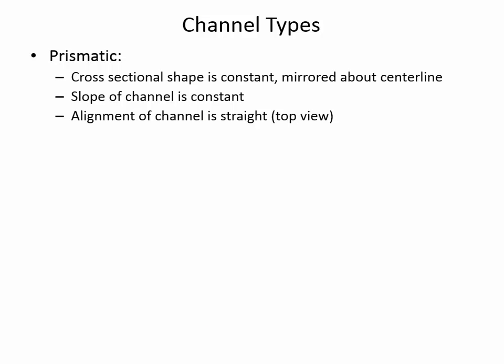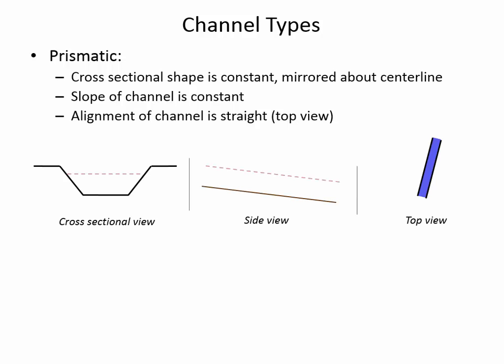There are other ways that we can classify flow in addition to those two classifications. A channel is the shape of the container that water flows through in open channel situations, when it's not under pressure. By a prismatic channel, what we mean is something that has a regular cross-sectional shape. Typically an engineered cross-section would be trapezoidal or maybe rectangular.